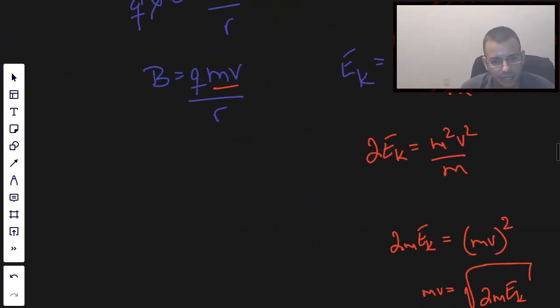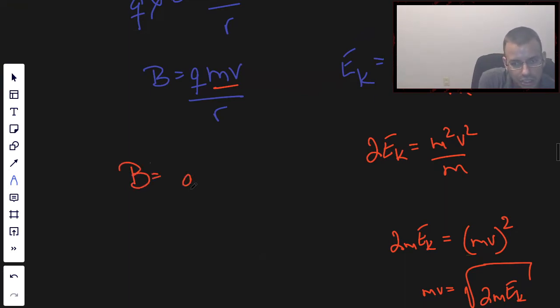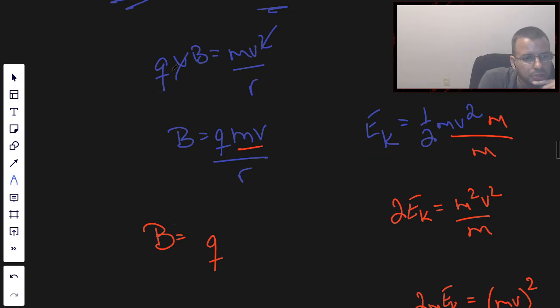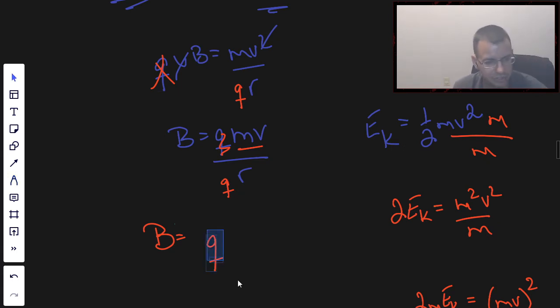And from there, I'm going to plug this in. So the minimum magnetic field is going to be Q. Did I get that right? No, Q is supposed to be on the bottom. There we go. Good catch.